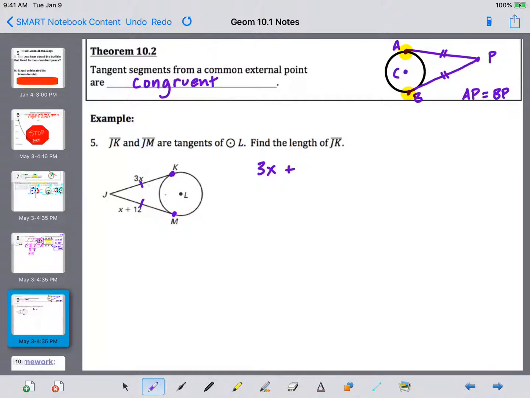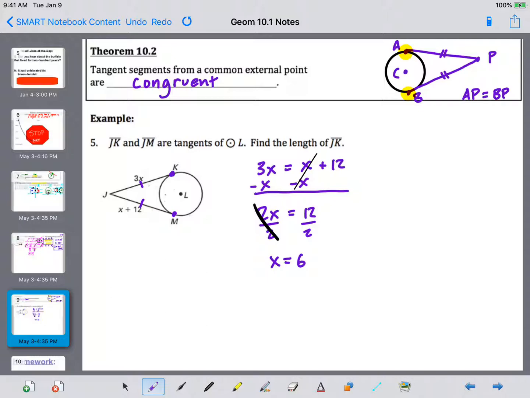And in fact, that's how we are going to set this up. 3x equals x plus 12. And we can go ahead and subtract that x from both sides. We end up with 2x equals 12. And if we divide by 2, we get x equals 6.